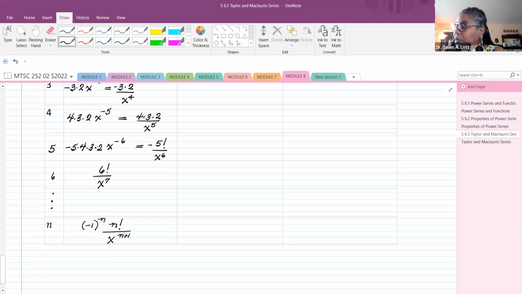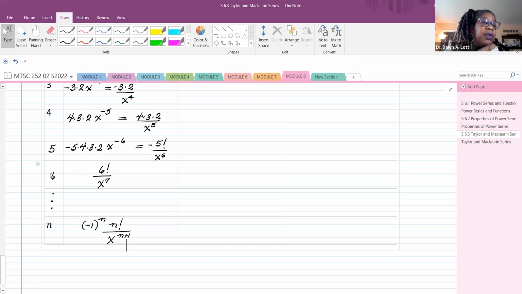Okay, that's perfect. The negative 1 to the n is what's causing our numbers to go negative, positive, negative, positive. Our n factorial represents everything in the numerator, so they all look like factorials.